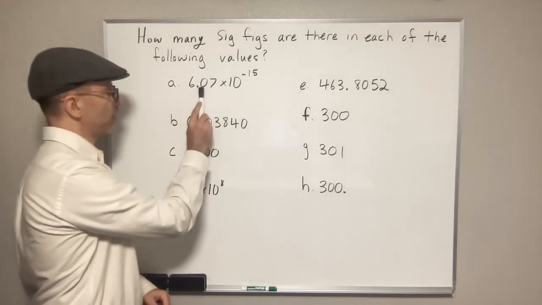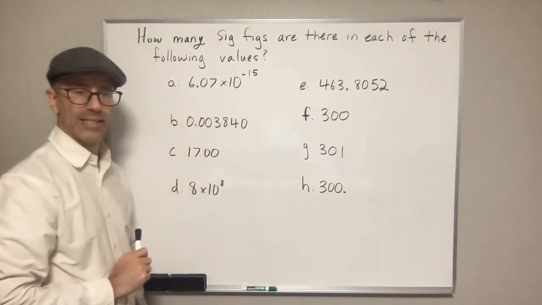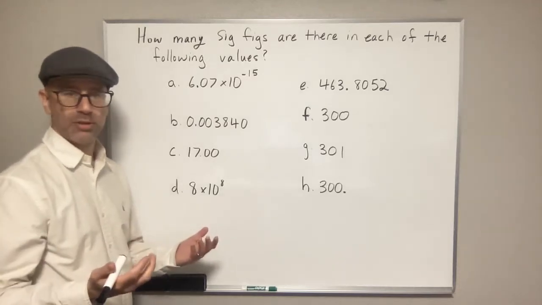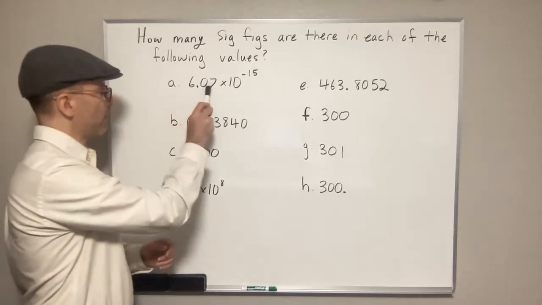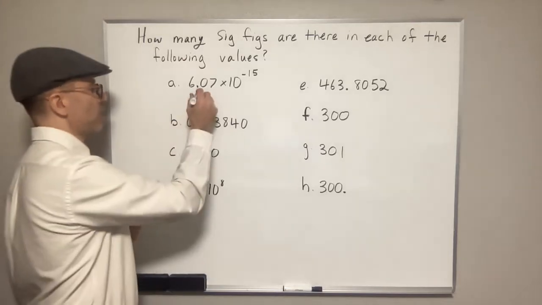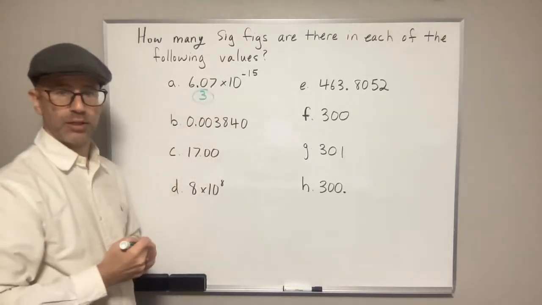So you can see that this 0 is sandwiched between two non-zero numbers. So that 0 is significant. Non-zero numbers, 1 through 9, are always significant. So here we got 3 sig figs.